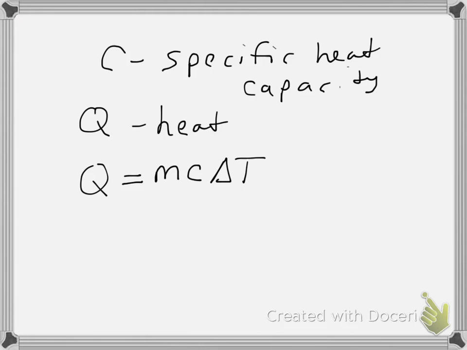So if I have a substance at a low temperature and it has some mass and I know its specific heat, I can determine what temperature change it should experience given an amount of heat that I give it, or if I measure its temperature change, I therefore know how much heat I have given it.